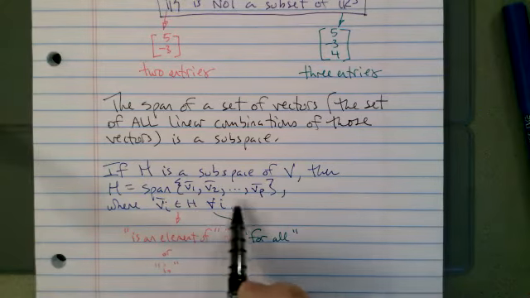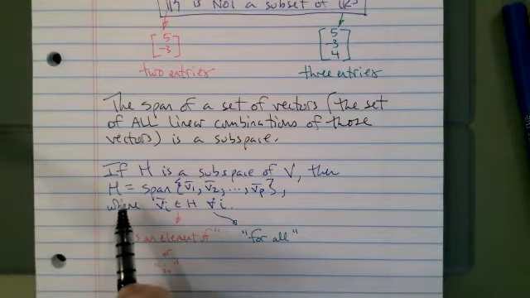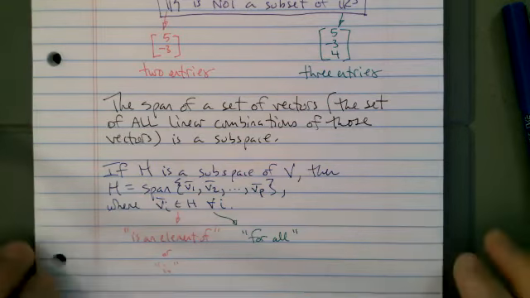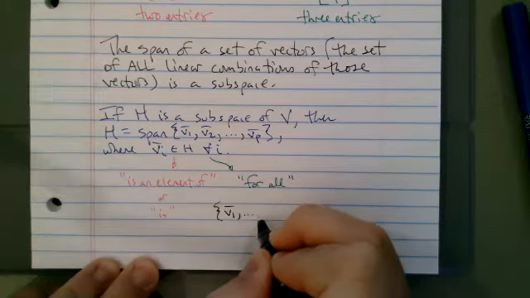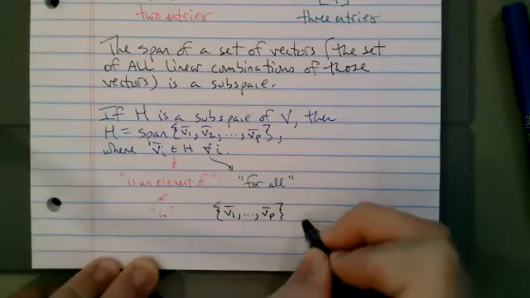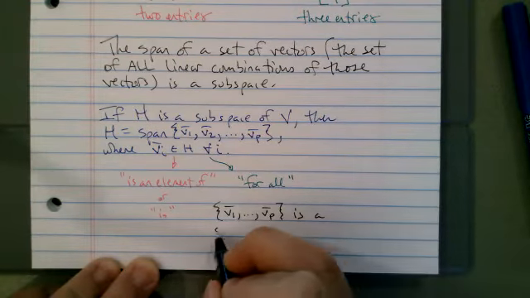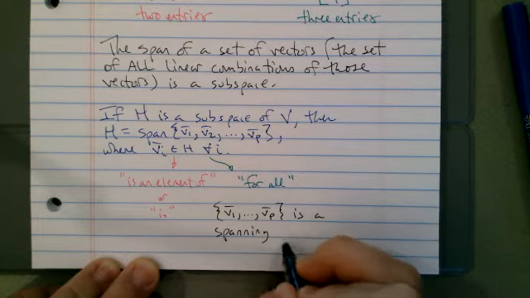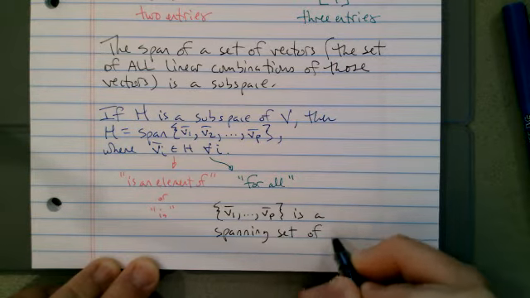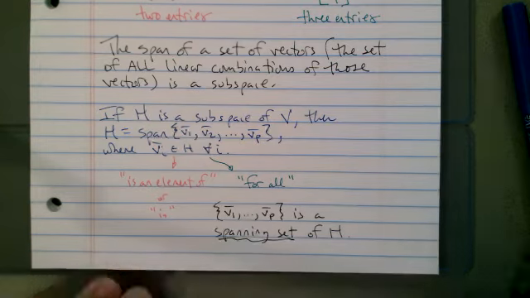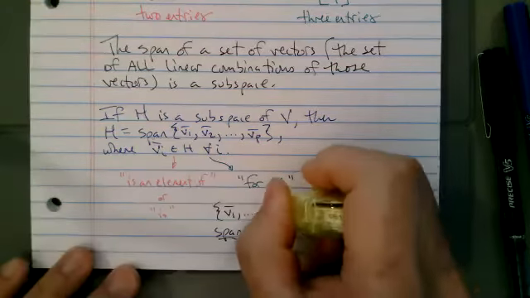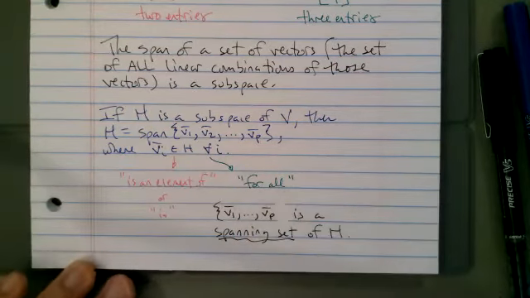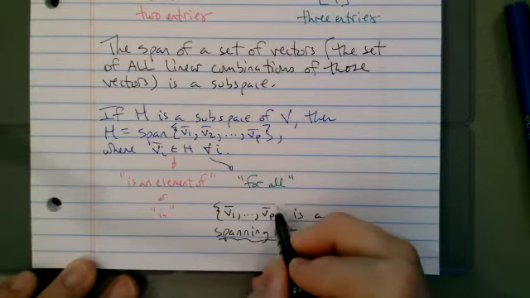The set of vectors is called the spanning set of H. That set of vectors spans H. So we use span as a noun and as a verb.